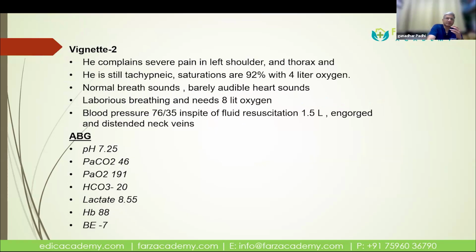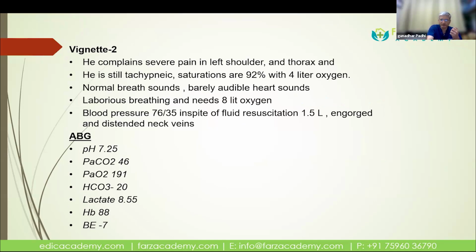Again, this patient complains of severe pain in the left shoulder and thorax. He's still very much tachypneic, and the saturations are on the lower side. On examination there are normal breath sounds, but barely audible heart sounds. He's breathing very fast and needs 8 liters of oxygen to maintain the oxygen level.